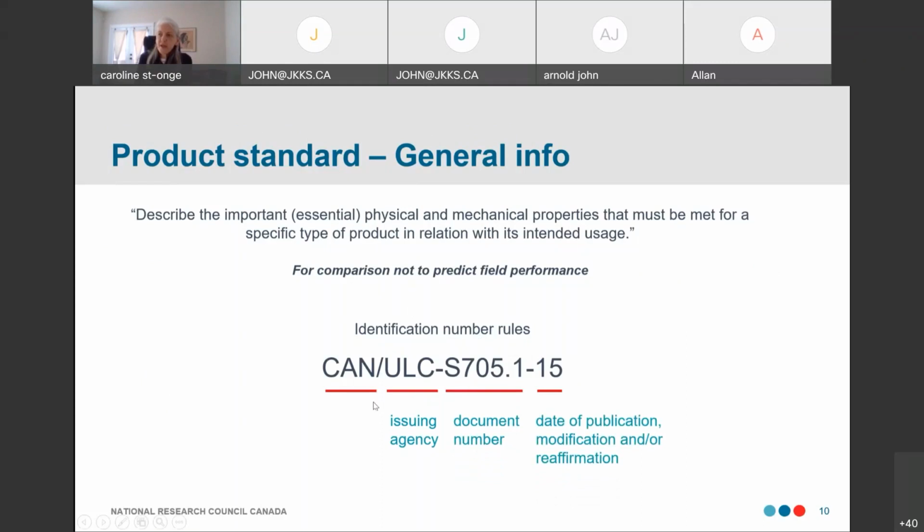If this identification number is preceded by the acronym CAN, this means the standard has been developed in accordance with the Canadian regulation for a National Standard of Canada.